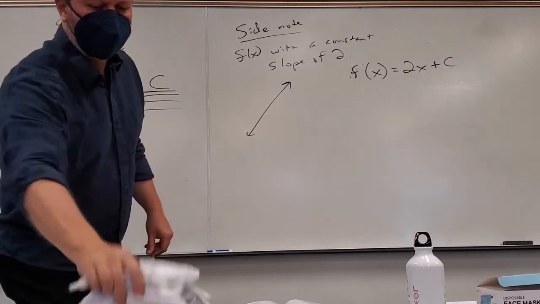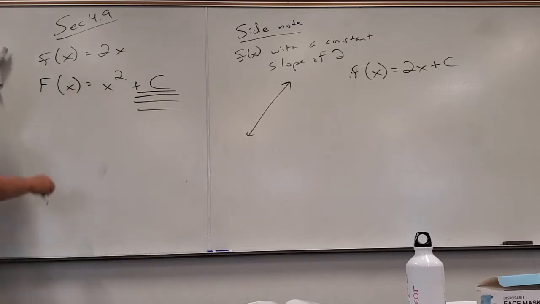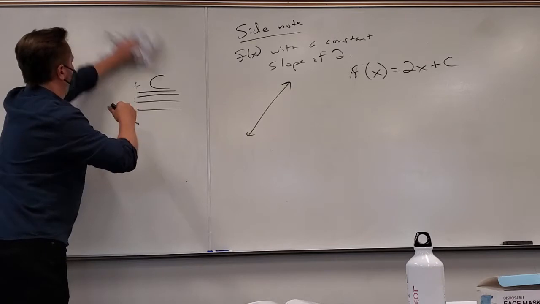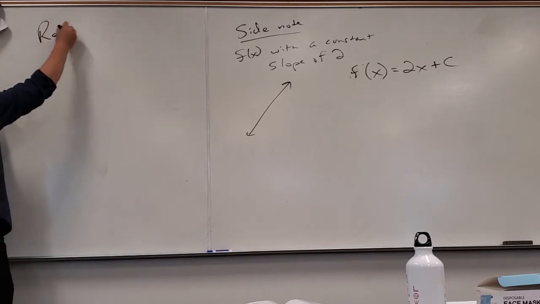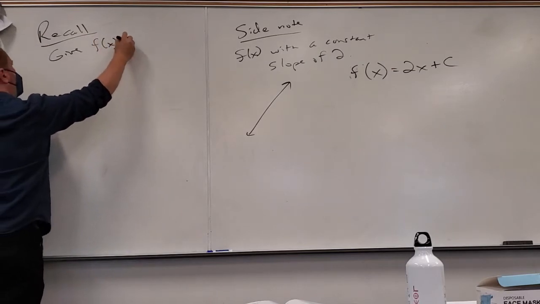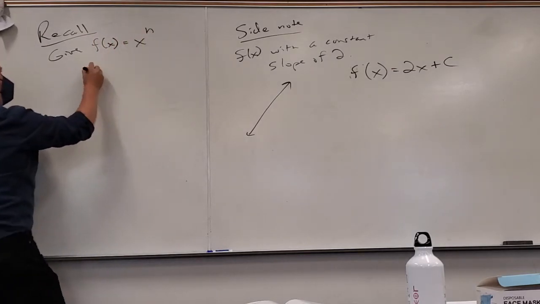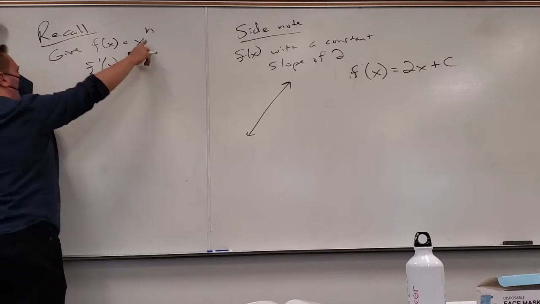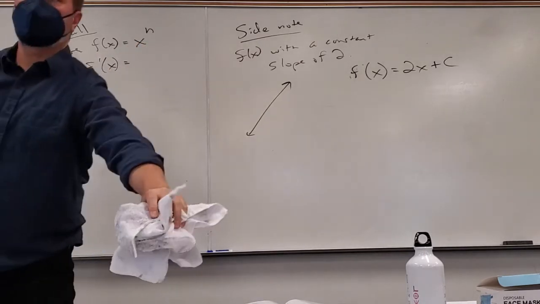So let's look at a more interesting problem. And actually, let's do this. Recall, given f of x equals x to the n, what was f prime? What was the formula for f prime? What's the process?